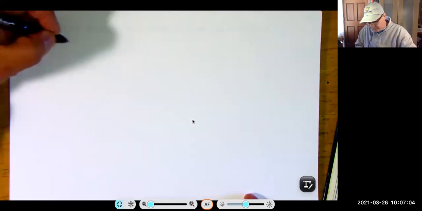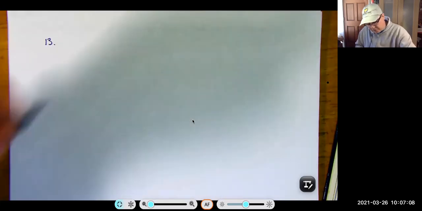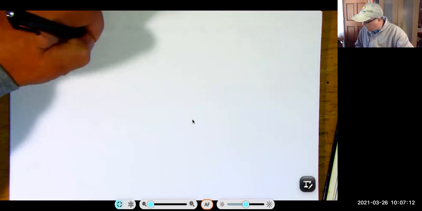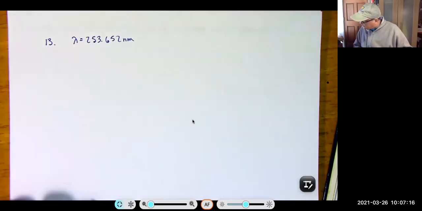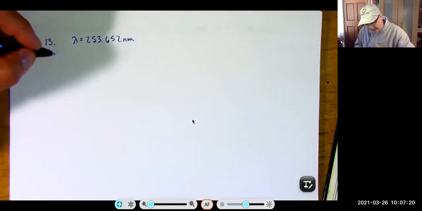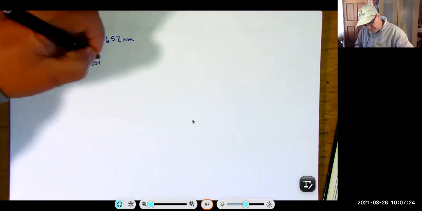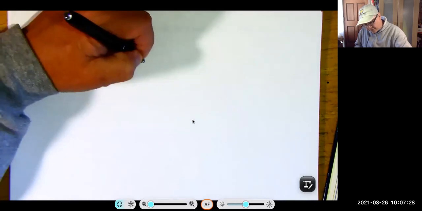Okay. So this is number 13. And we're going to be using that the wavelength is 253.652 nanometers. And we've already said that A, the most energetic, is the 253.652.